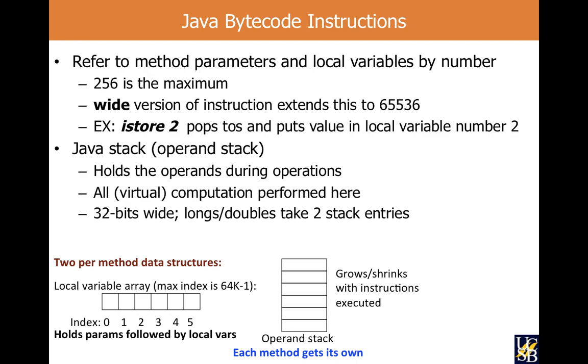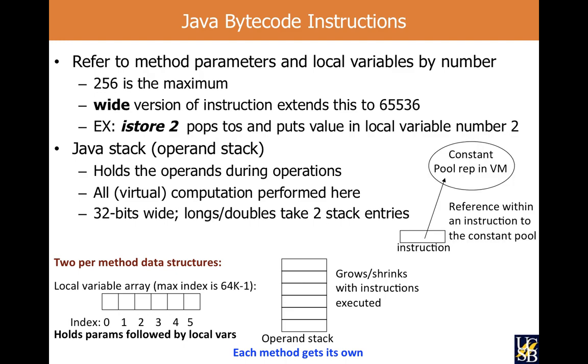So if I tell you the length of a local variable array, you know how many parameters plus local variables it has. The operand stack is used to do all of the operations. We're going to move data from the local variables to the operand stack and back using bytecode instructions.